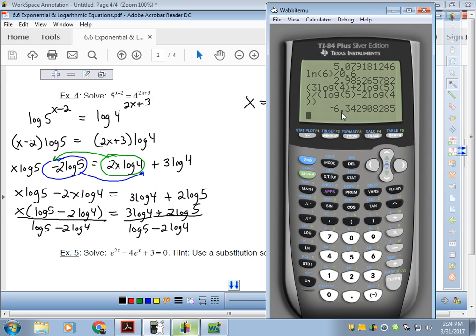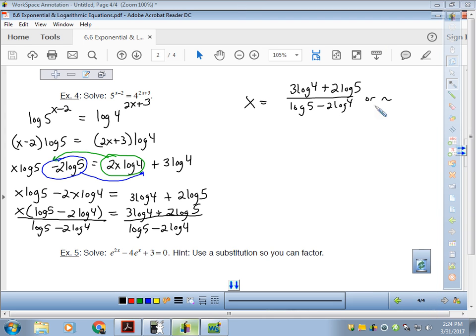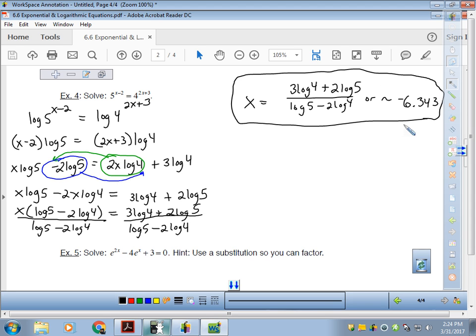And so there's our decimal approximate, negative 6.343. So you do have to be a little careful putting these in the calculator when you do them.